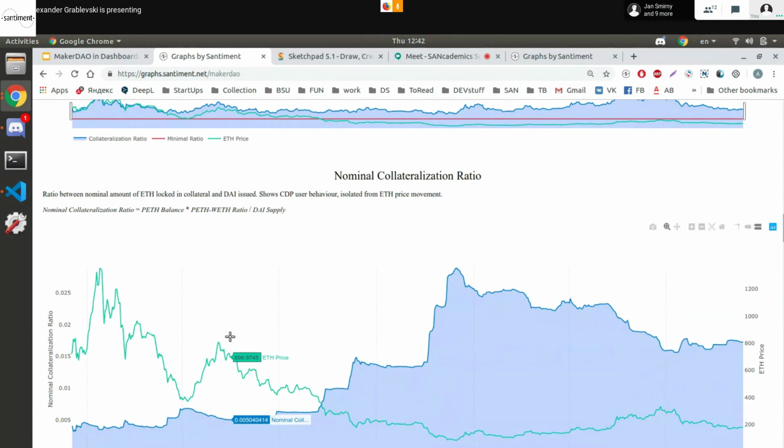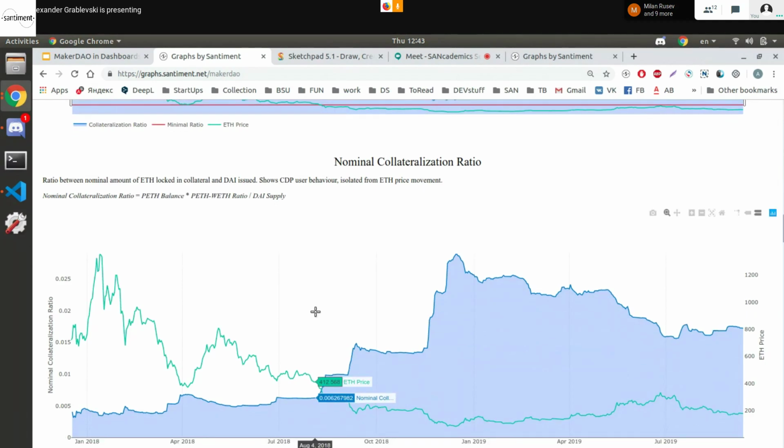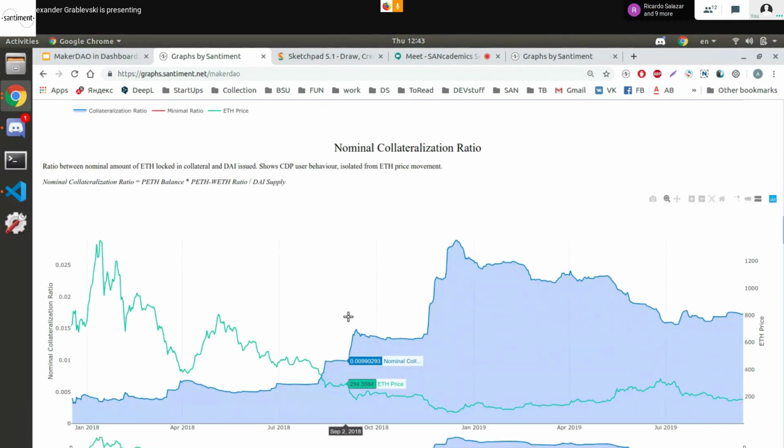That basically shows you how much ETH is locked divided by DAI supply, so it shows the ratio between Ethereum locked and DAI issued. If the trend is going up, that means each DAI has more backing assets in USD terms, and this doesn't count ETH price.